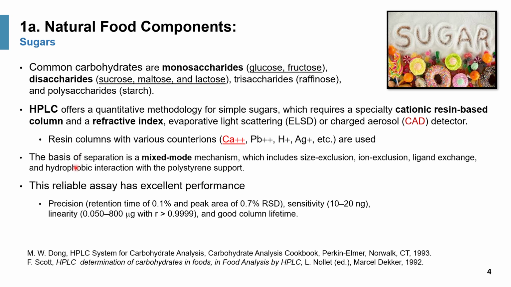Now, HPLC offers a traditionally very robust quantitative methodology, and we will describe that much later, using a mixed mode cationic resin-based column with refractive index detection under isocratic condition. You can also increase the sensitivity and separation power by using gradient condition with a CAD detector. The resin of choice is the one with the counter ion, calcium ion.